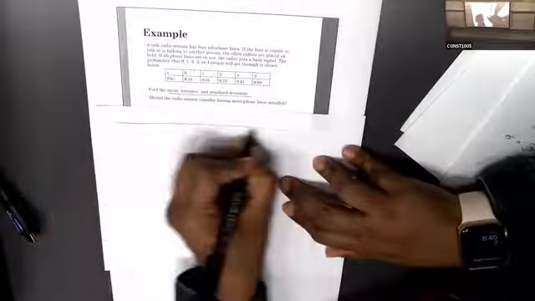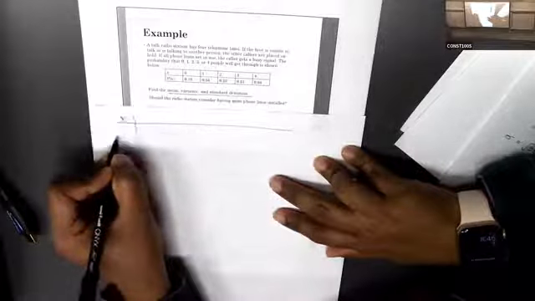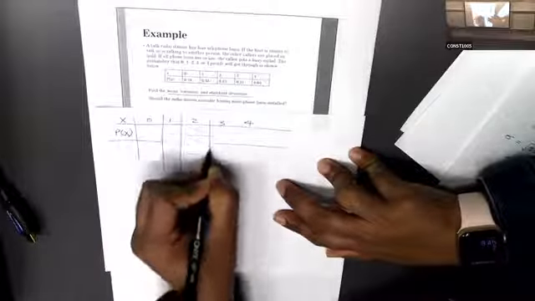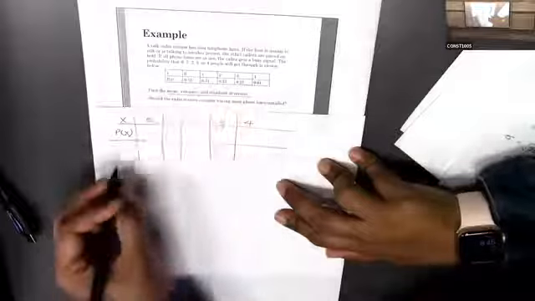So I will use this paper and I will do it here. I will not write this. I have to write x, px. We have 0, 1, 2, 3, 4. But I will not write the probability of x values. It's here, okay? So I will just use x times px.